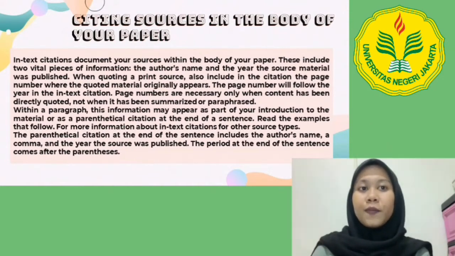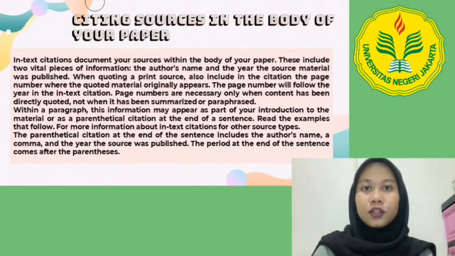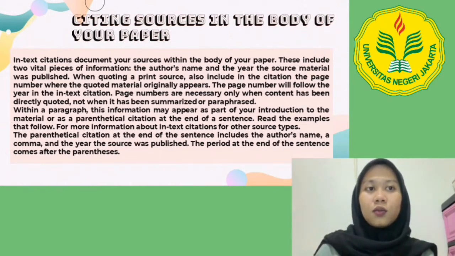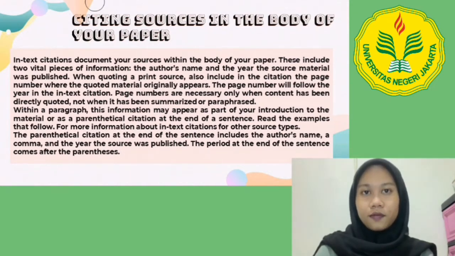When quoting a print source, also include in the citation the page number where the quoted material originally appears. The page number will follow the year in the in-text citation. Page numbers are necessary only when content has been directly quoted, not when it has been summarized or paraphrased.